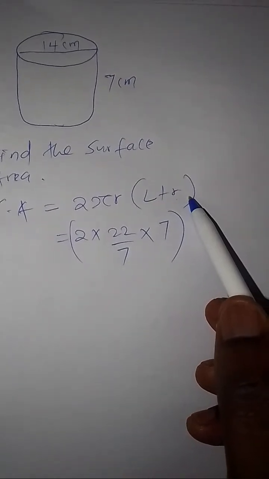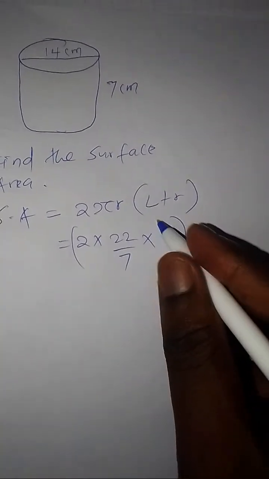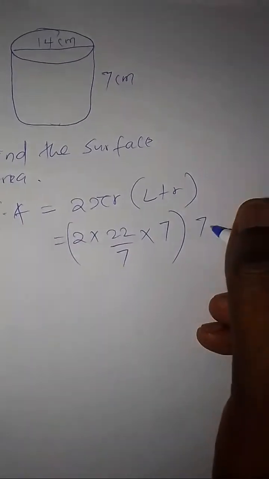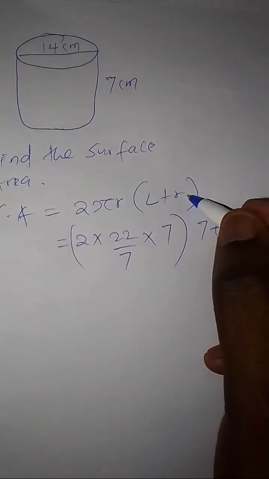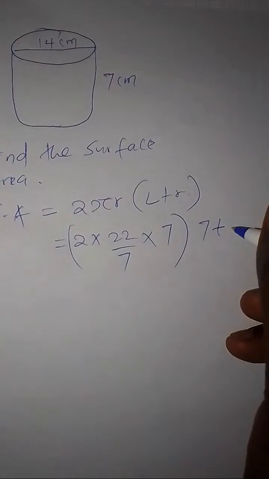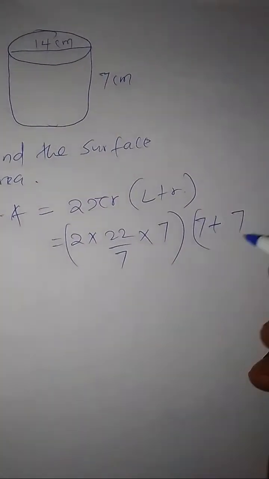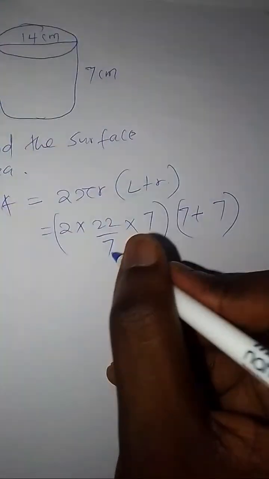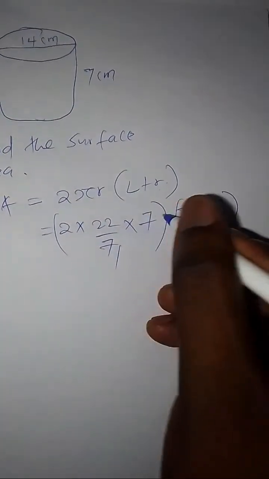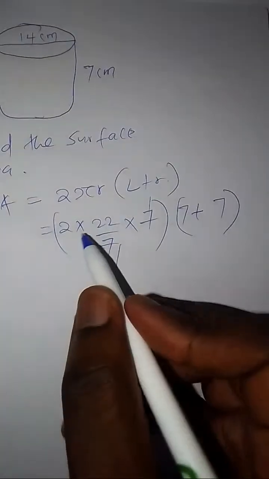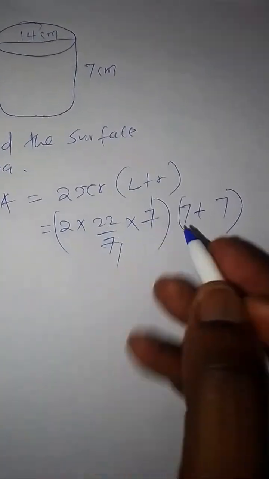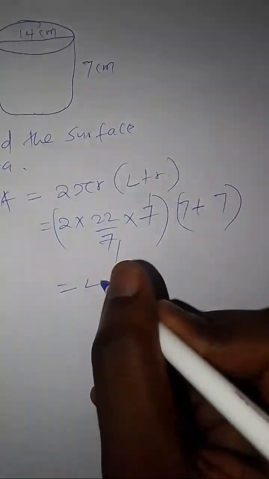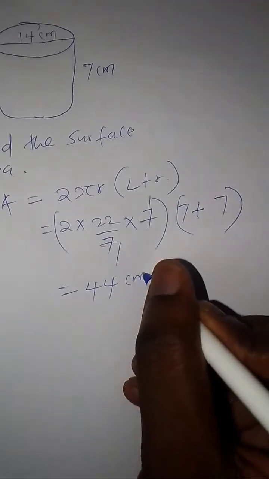L is the length, and the length is 7, added to r. r is the radius, and the radius is 7. So we add 7 plus 7. Now we cancel 7 here once, 7 here once. So we shall have 2 multiplied by 22, and the answer is 44 square centimeters.